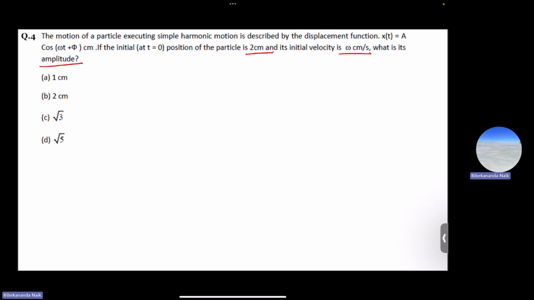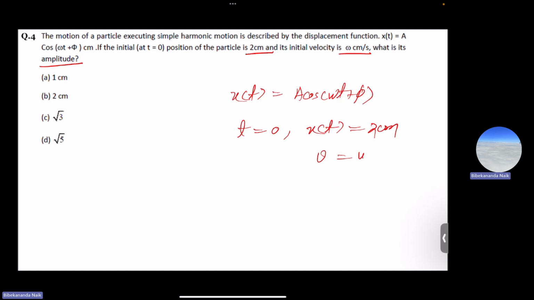So the time dependent displacement has the form a cos(omega t plus phi). According to the question, at t equal to 0, x is 2 centimeter and its velocity is omega. But we need to find out the amplitude. So I'll give you a few minutes to calculate this question and then we will discuss.